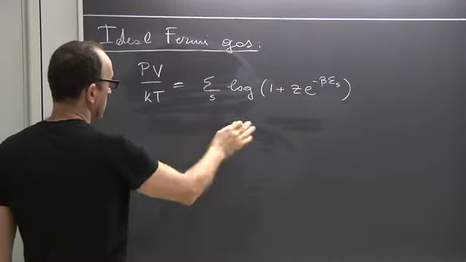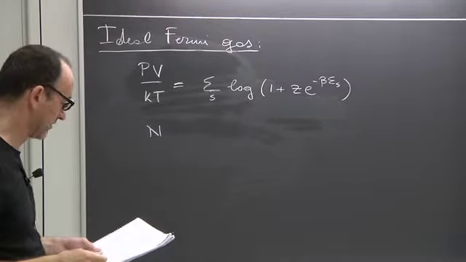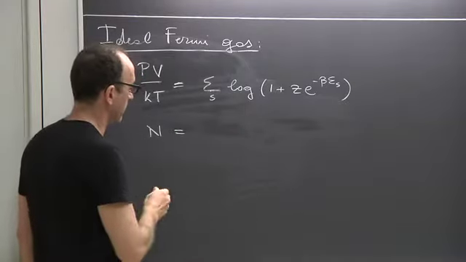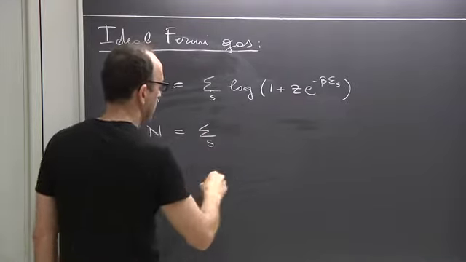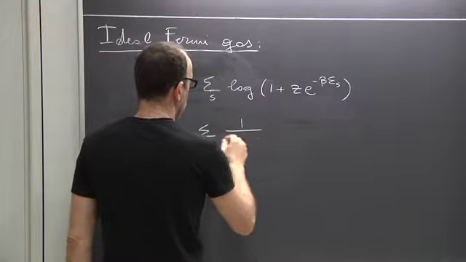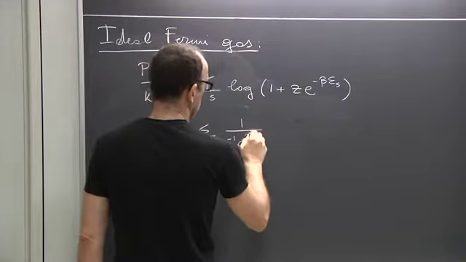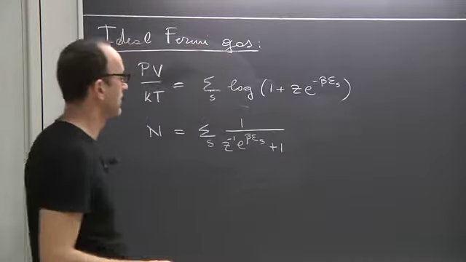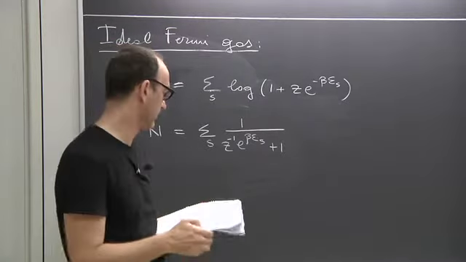So in order to get a description in terms of the number of particles, we have to supplement this equation with the equation for the number of particles, which is given by summing over all the states the average number, or the occupation number in state S, which is given by this formula. Okay, so all the change is this +1 instead of the -1 for the previous case.